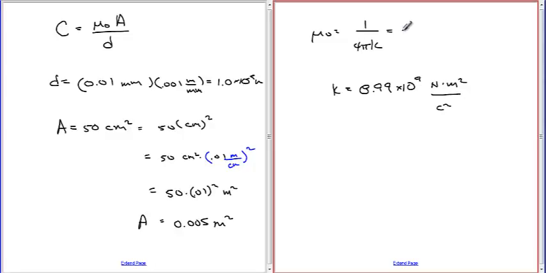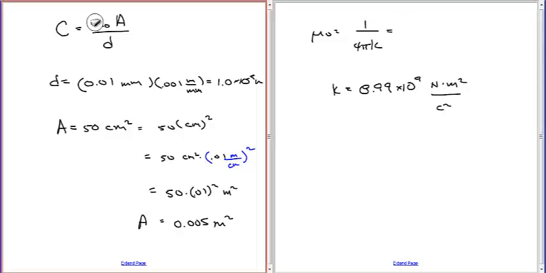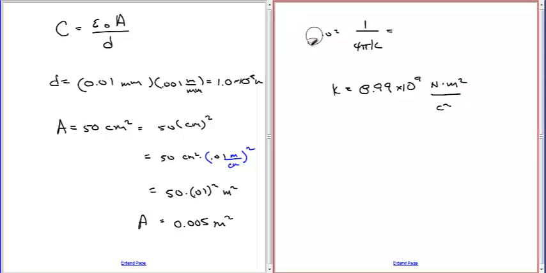I said mu 0 earlier, but that's wrong. Mu is for magnetism. So that's epsilon 0. Anyway, 1 over 4 pi k.